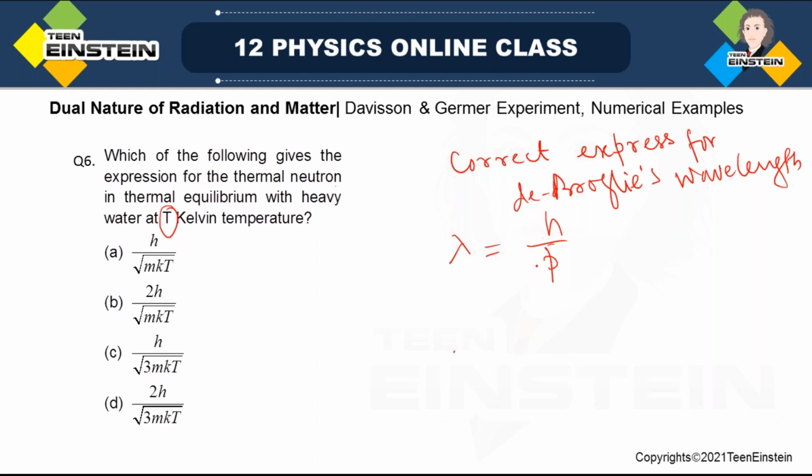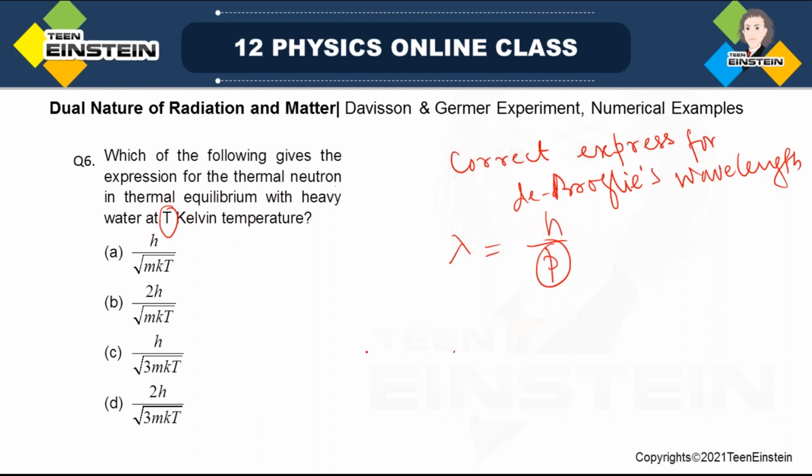We know lambda is equal to h by p, where p is the momentum. Here momentum is not given. Rather, it is mentioned that this neutron is in thermal equilibrium at T Kelvin temperature. So from there we have to find out the momentum.